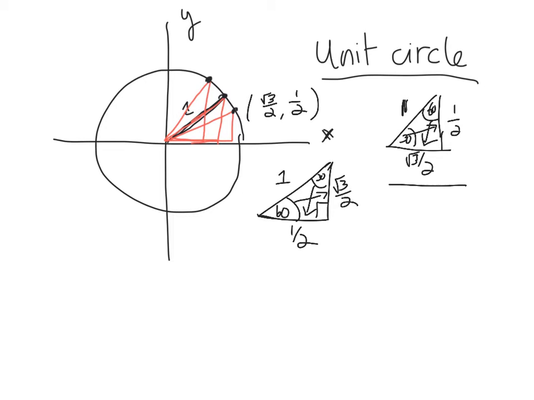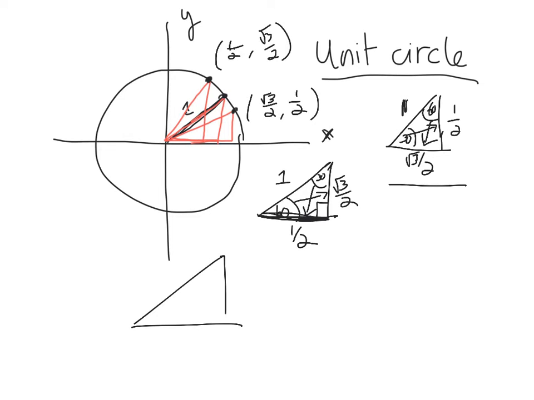So now with 60 degrees, my x is 1/2, and my y is square root of 3 over 2. So now I found the 30, found the 60. I just need to find the 45-degree triangle.